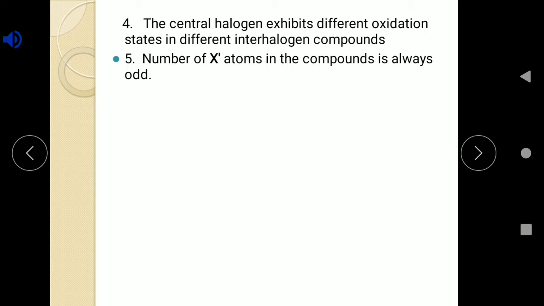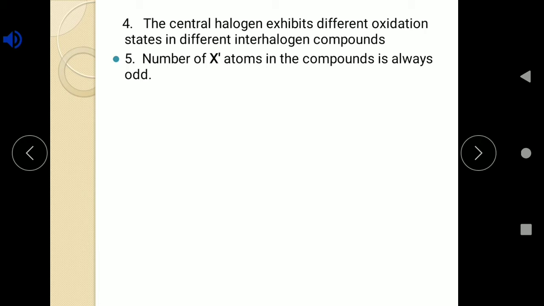And if d orbitals are available, when they form a compound with another element, they get split up. That means the last p orbital has 7 electrons. If one orbital is split, then 3 unpaired electrons will form. Hence, 3 X dash will come to form the compound.